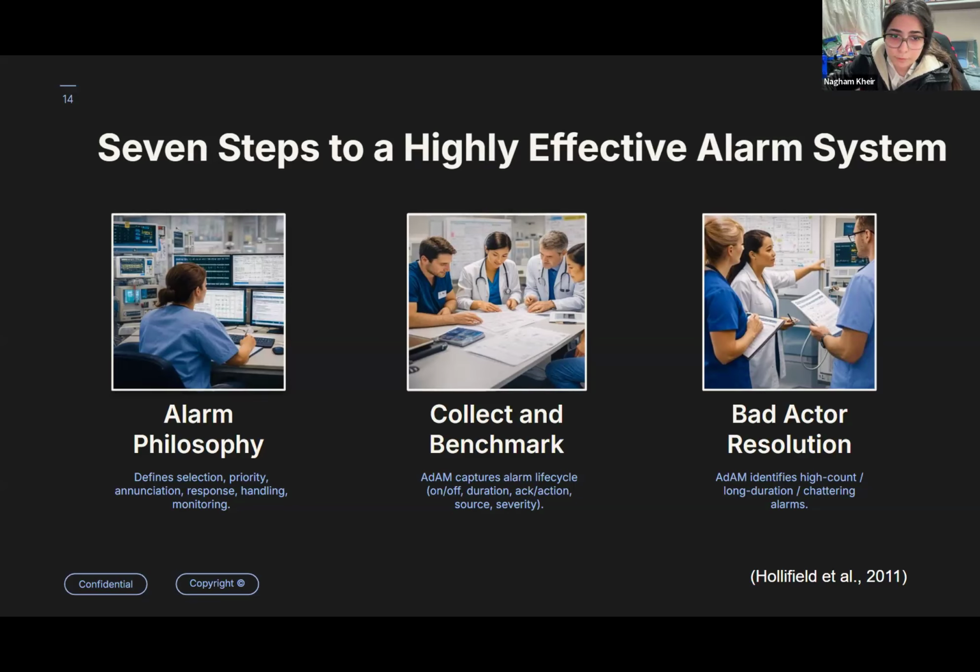So alarm philosophy provides an optimum basis for alarm selection, configuration, and handling methods. In our system, ADaM stores this philosophy as configurable rules and templates.